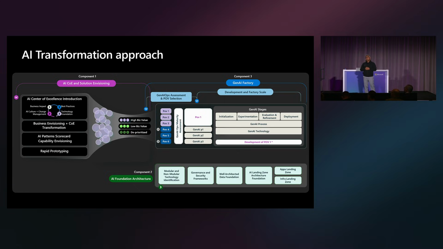Number 2, we get stuck on a lot of core foundational elements like security, networking, data, right? And so having the right foundations becomes critical, but in an agile way. Customers don't want to divert into an 8-month data transformation project and only come back to agentic transformation or AI transformation after. And finally, how do you have the right building blocks of scale? So let's unpack that a little bit in each of these areas.